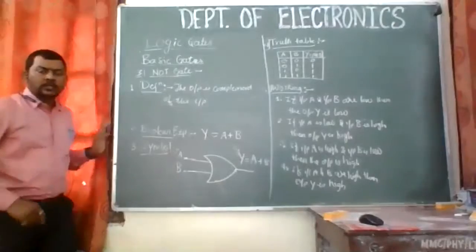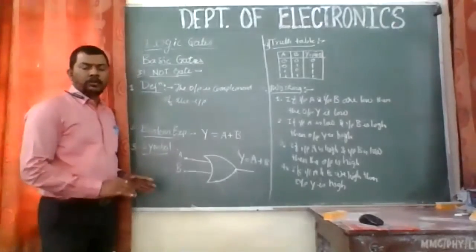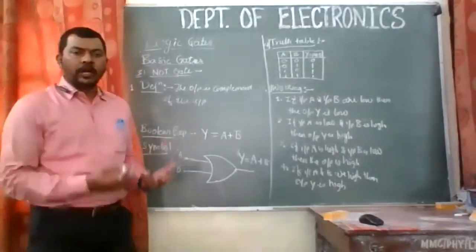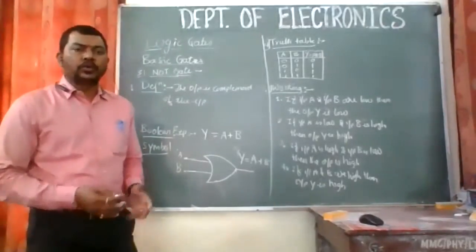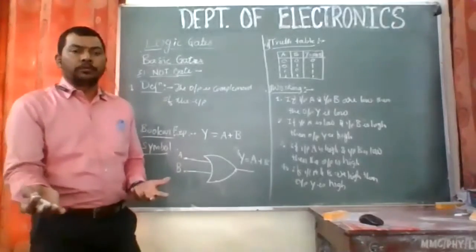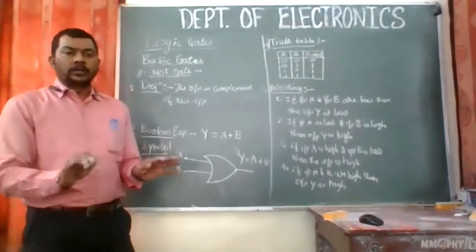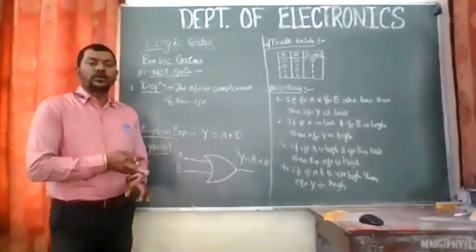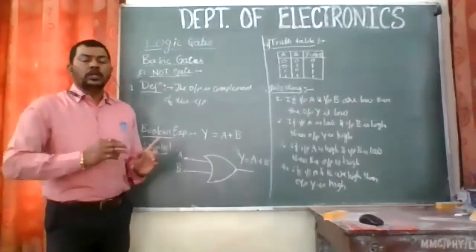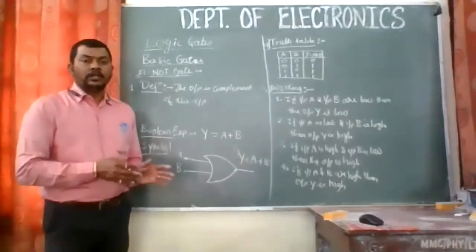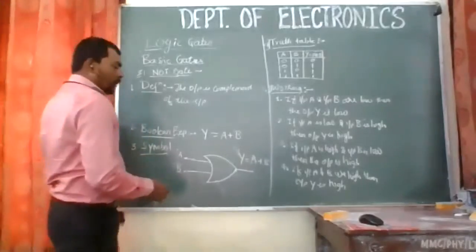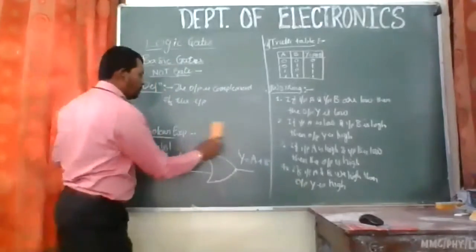It implies that whatever input we give, the output is supposed to be the opposite of it, right? It means that if you give 0, then the output is 1. If you give 1, then the output is 0, right? The Boolean expression is just simple.